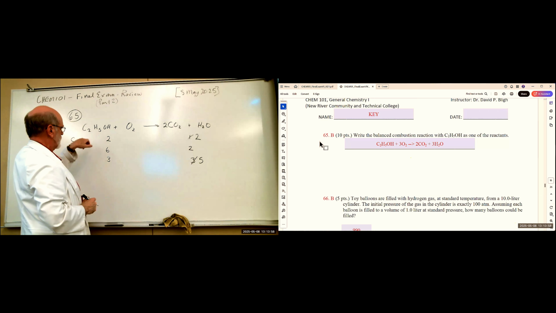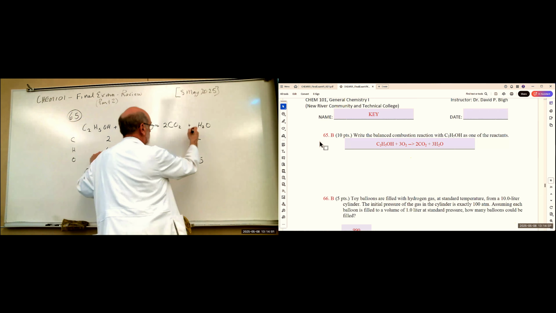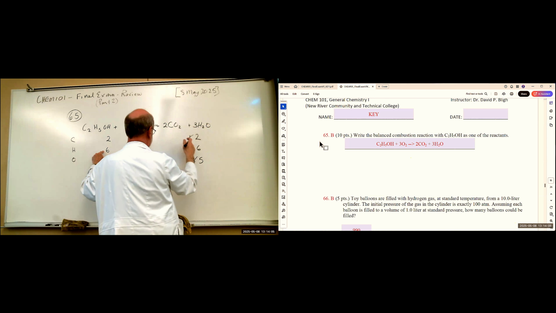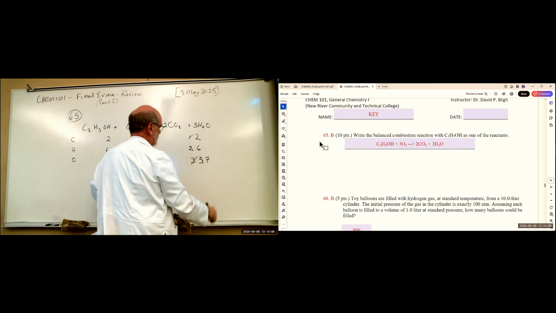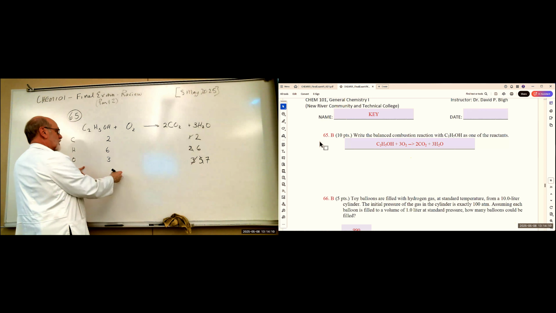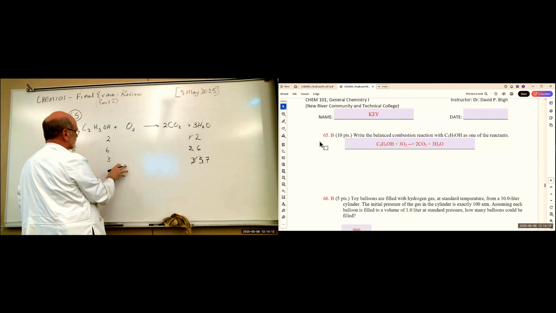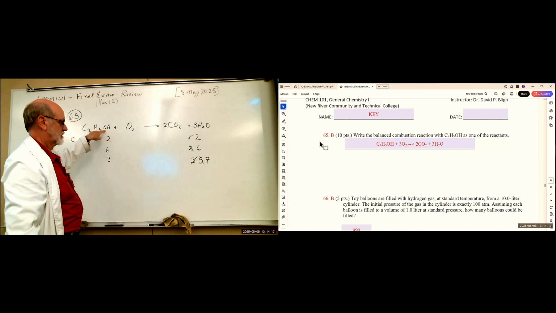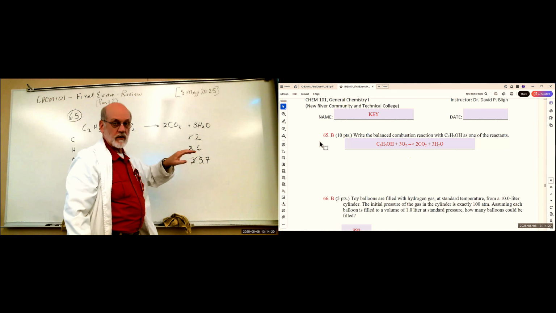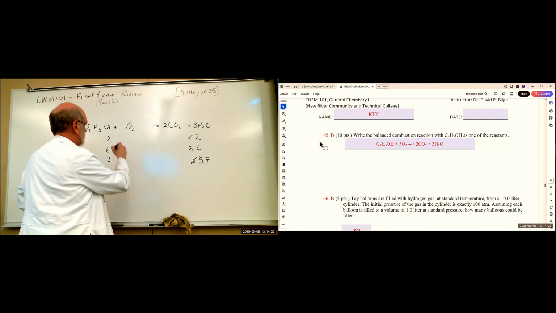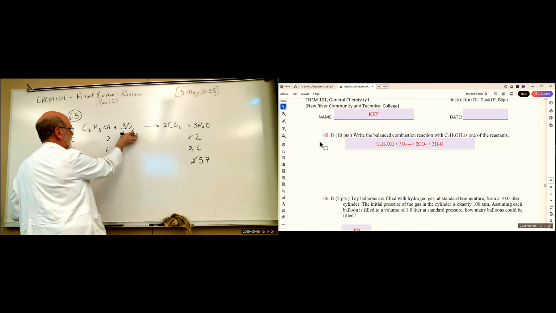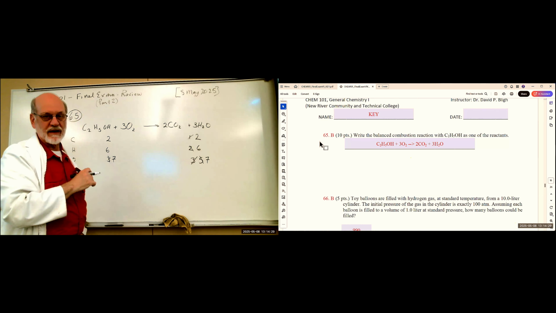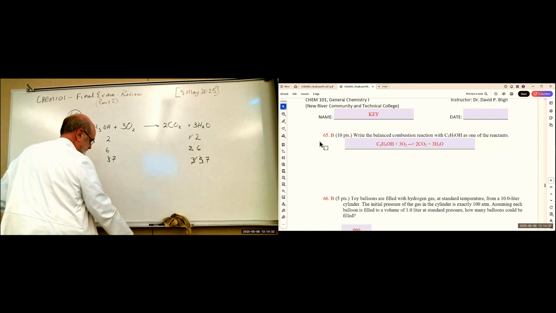So let's do hydrogens now. We have 6 hydrogens, put a 3 here. That gives us 6 hydrogens, and 3 plus 4 is 7 oxygens. Now we can go to the oxygen and make 7. Notice we've already got 1 oxygen there, so in order to make 7, we only need 6 more. So if we put a 3 here, that gives us 6 plus 1 is 7. And now we're balanced.